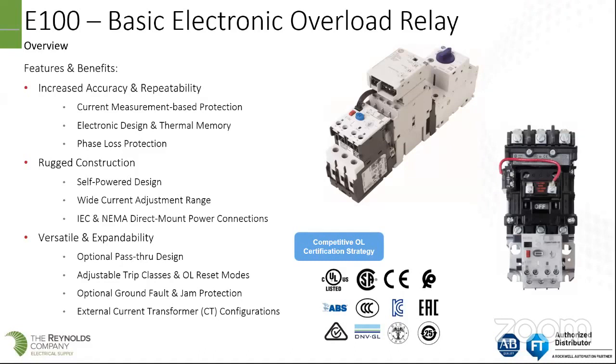And then there's plenty of versatility with the optional pass-through design, which now has more options than what we had in the E1 and E1 Plus. There are also adjustable trip classes, and with everybody shipping all over the world these days and being a global company, the global certifications are there. So no matter if you're designing here in the States or across the globe, the certifications are there.